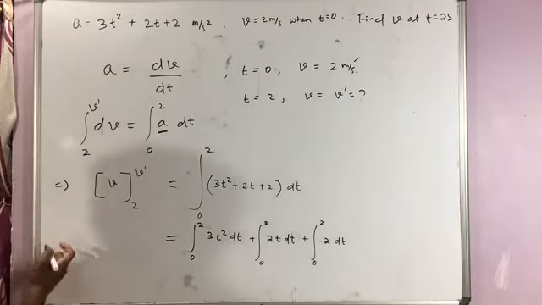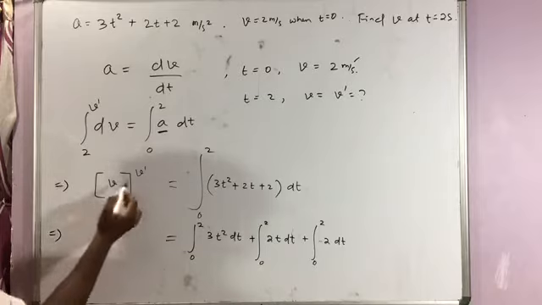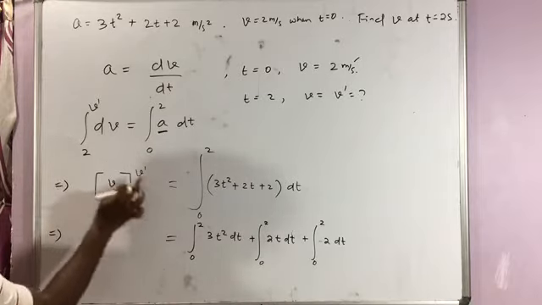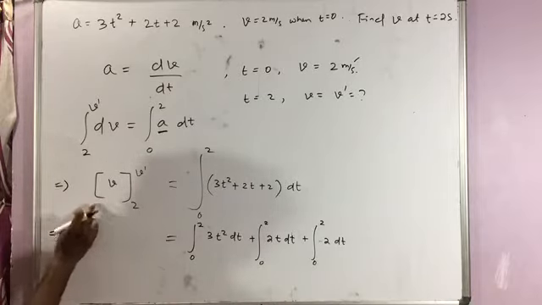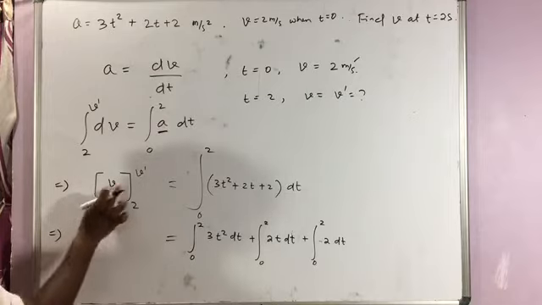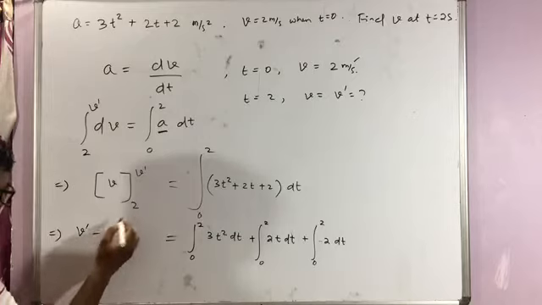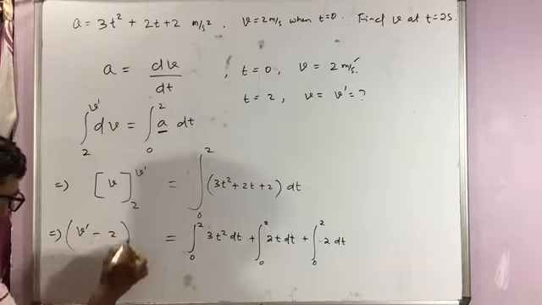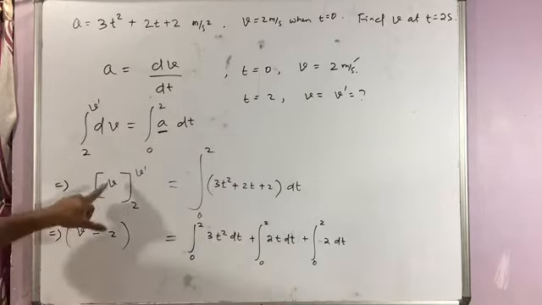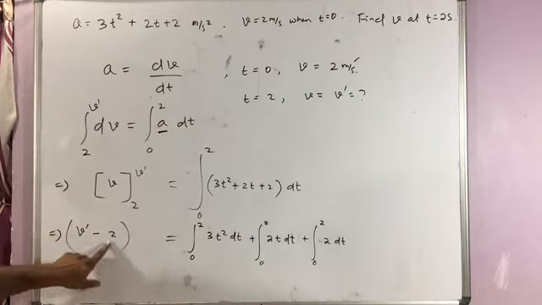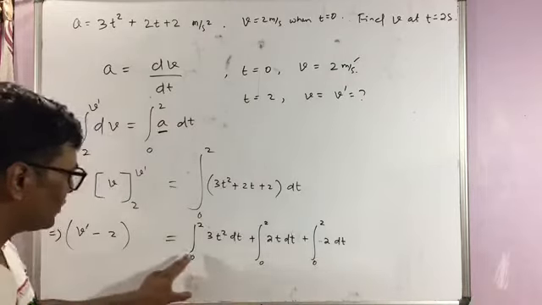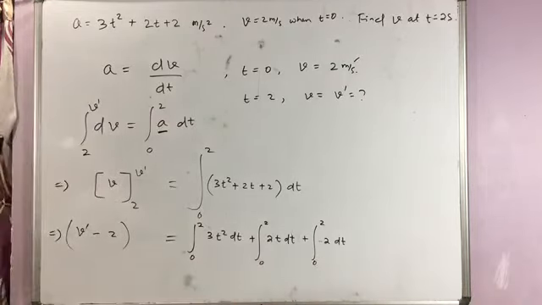Now your left side becomes this. I apply the formula for the definite integral: instead of v, you put the upper limit v dash minus the lower limit 2. So this equation represents v dash minus 2 is equal to this thing. Now you need to find out this integral.